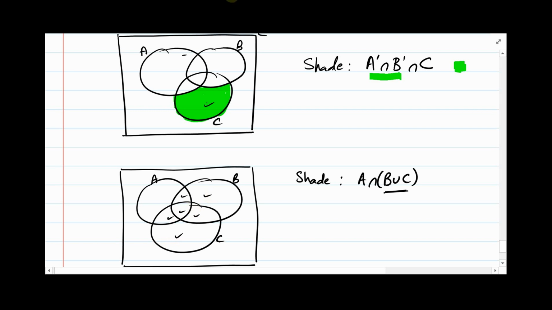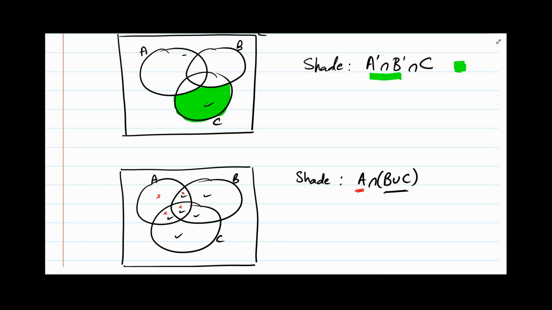And now, if I ask what is set A, it comprises these four regions that I've put a little cross in.